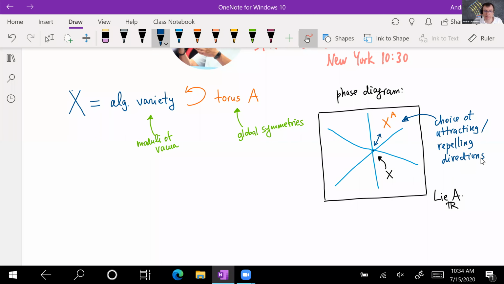So what would the interface look like? Well, we want a Lagrangian. Let's assume X is symplectic, and the torus preserves the symplectic form.